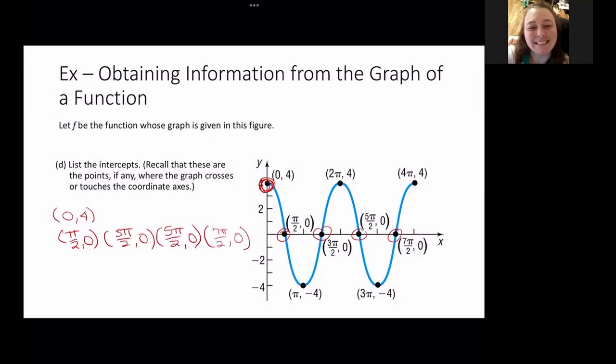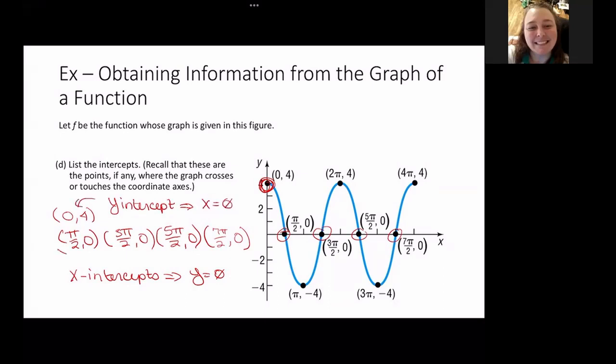Your x-intercepts are where y equals 0, and your y-intercept is where x equals 0.